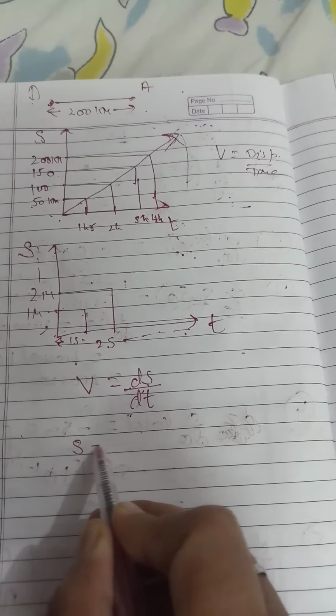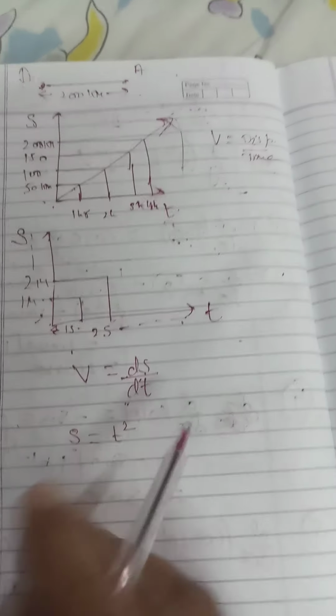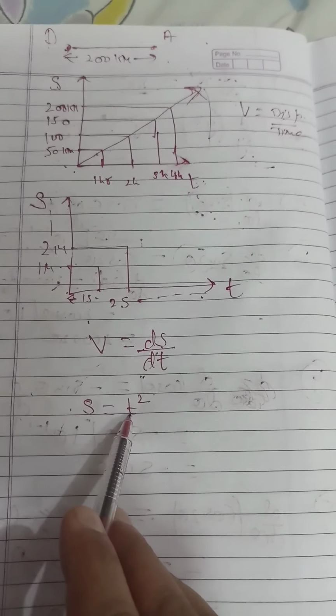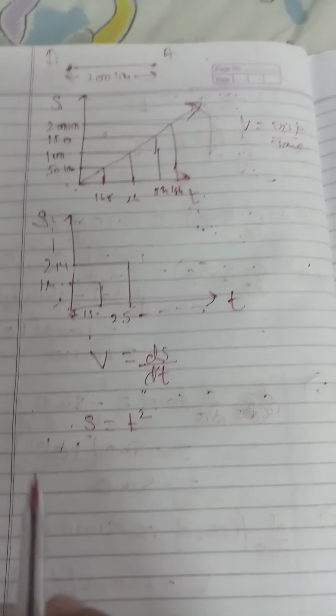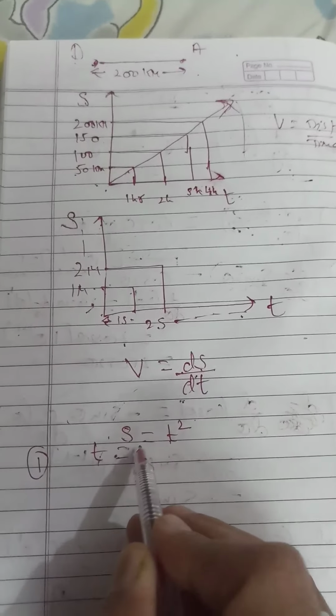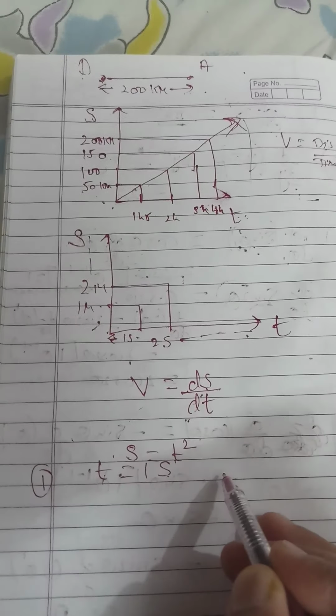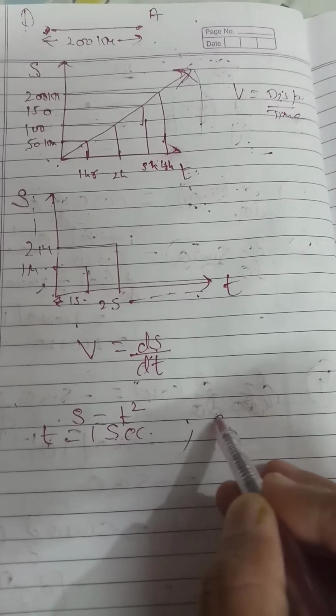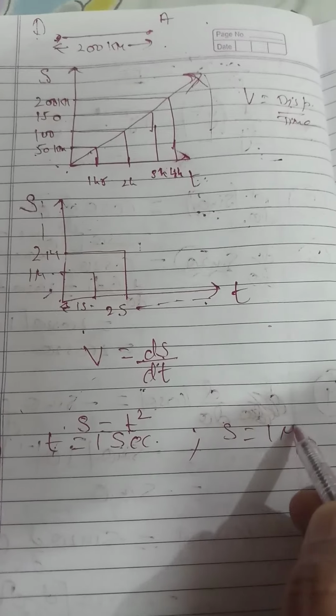Now I will give you one example. Suppose my distance s is equal to t square. My s depends upon time. Suppose time is 1 second, so my distance will also be 1 meter.